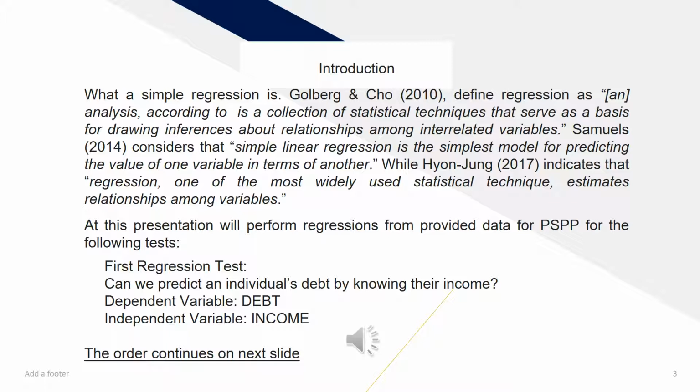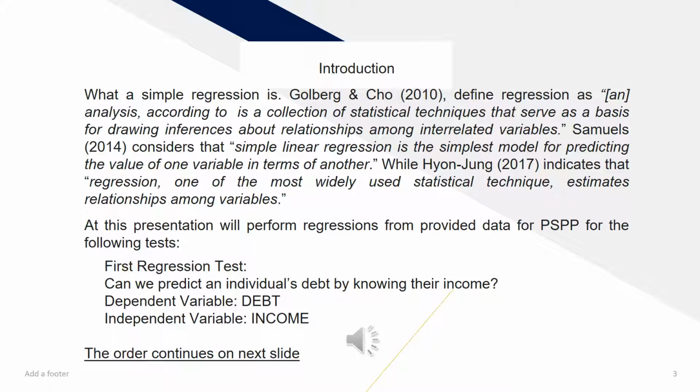In this presentation, we'll perform regression for provided data from PSPP for the following tests. This will be divided into two parts. The first regression test: can we predict an individual's debt by knowing their income?